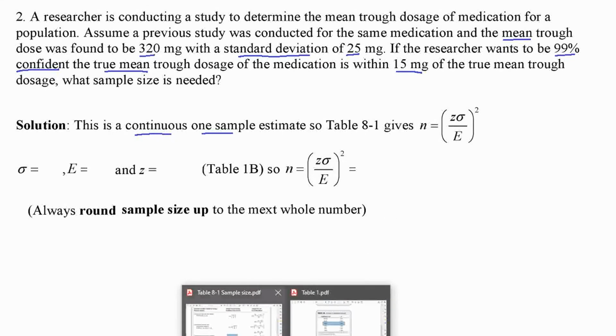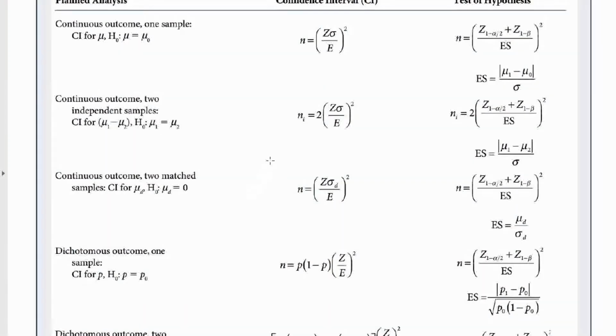So let me just look at that real quick. So this is continuous outcome, one sample here, right there. And we are looking at sample size for a confidence interval, and that is this formula here. So that's where I got it, table 8.1.